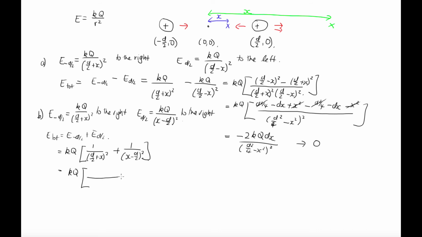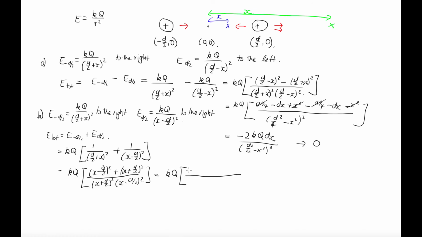Let's give it a common denominator. So let's write this as x plus d on 2 squared, x minus d on 2 squared, and then we've got x minus d on 2 squared plus x plus d on 2 squared. And then we'll want to expand this, so kq.